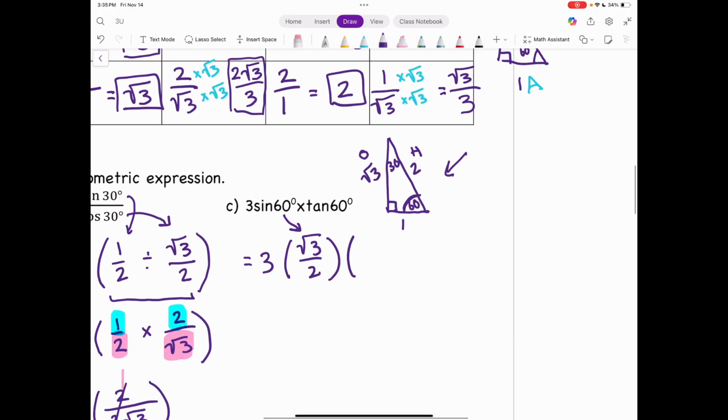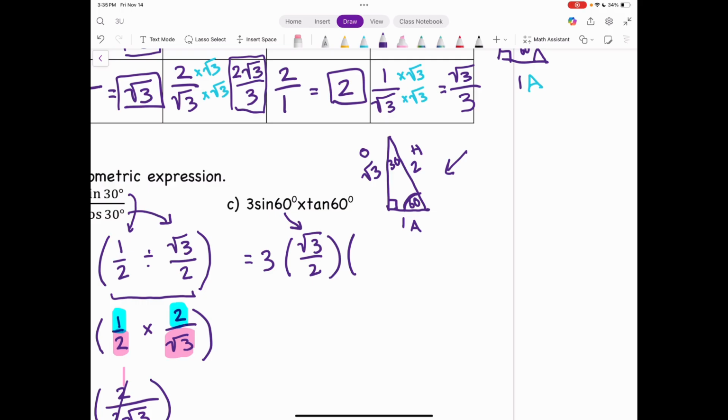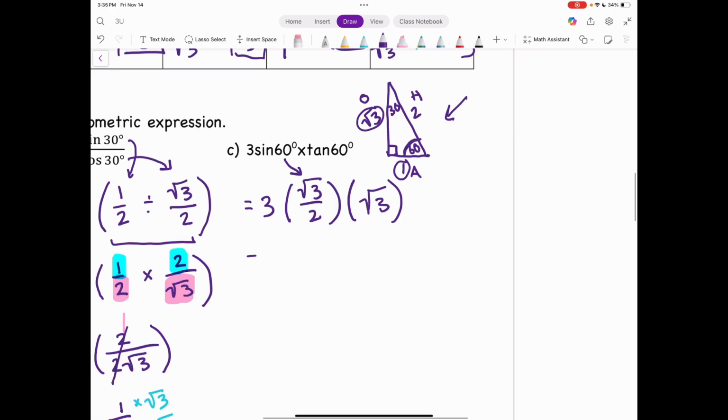Okay, let's do the same for tan at 60. So tan at 60, we know that tan is opposite over adjacent, so that would be the square root of 3 over 1, which we can just simplify to the square root of 3. And from here on out, we just evaluate. So we can put this above 1 and we can put this above 1.